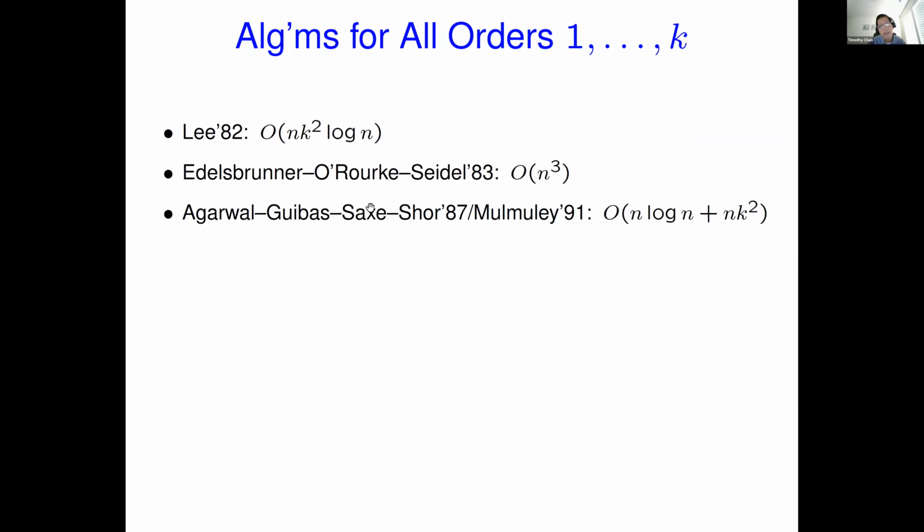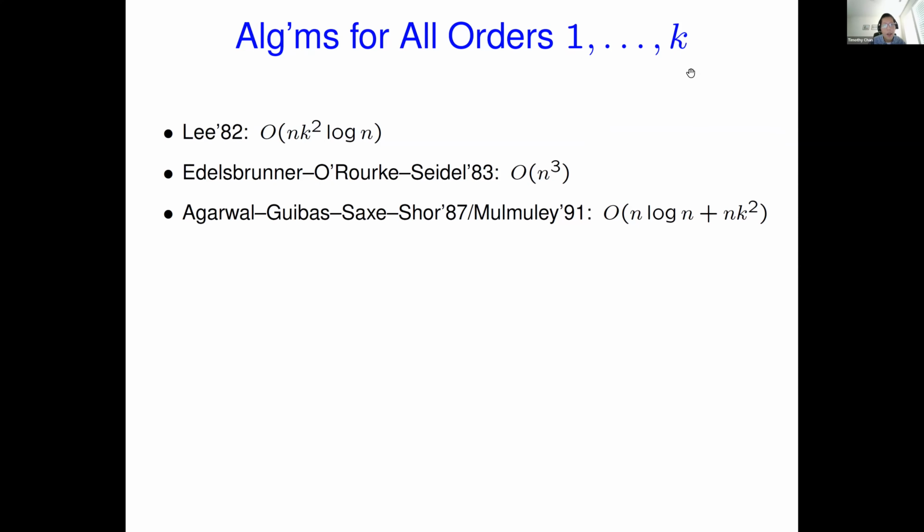Okay, and this was subsequently improved to n log n plus nk squared. And these algorithms compute not just the order K Voronoi diagram, but all the diagrams from order 1 up to K. But if you just want the order K Voronoi diagram, no one forces you to compute all the lower order diagrams.